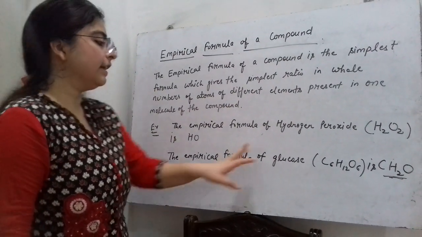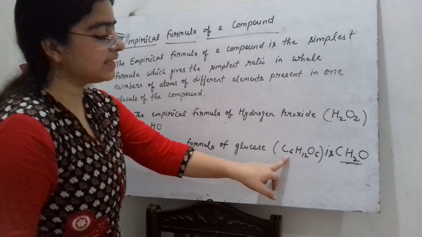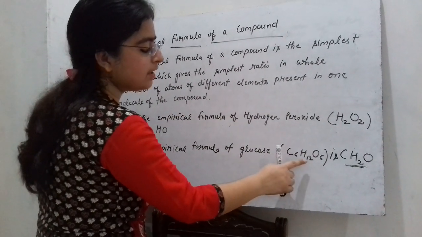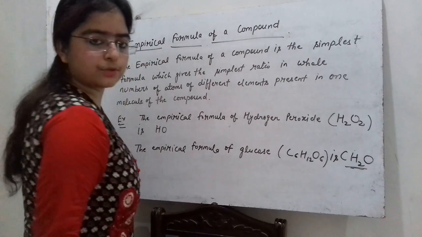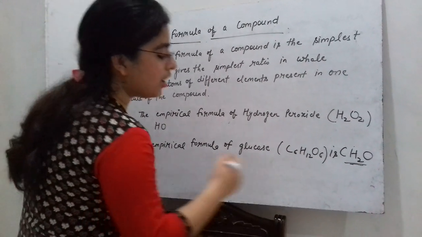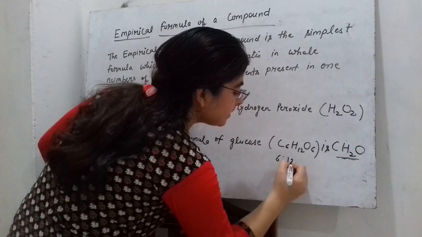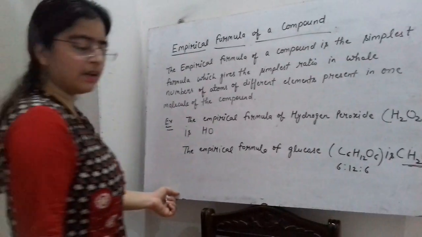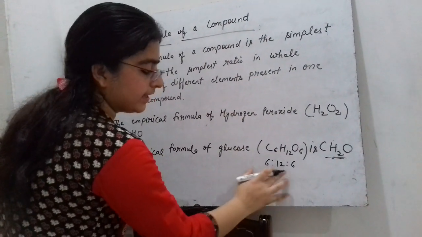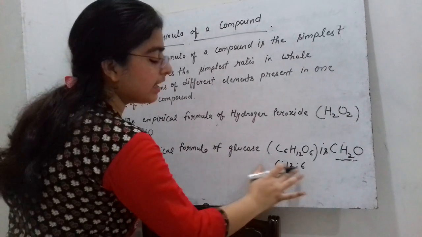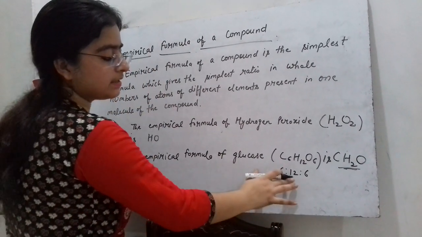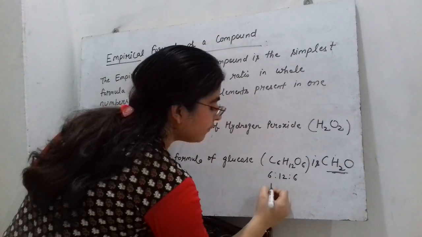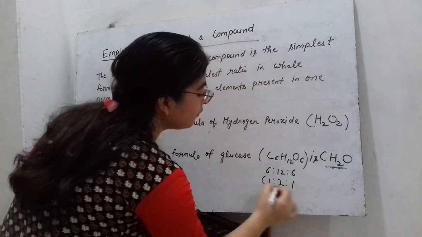In the same way, formula of glucose is C6H12O6. It contains 6 atoms of carbon, 12 atoms of hydrogen and 6 atoms of oxygen. So now here the ratio is 6:12:6 between carbon, hydrogen and oxygen atoms, but the common factor is 6 among the 3 numbers 6, 12 and 6, and therefore the simplest ratio will become 1:2:1.